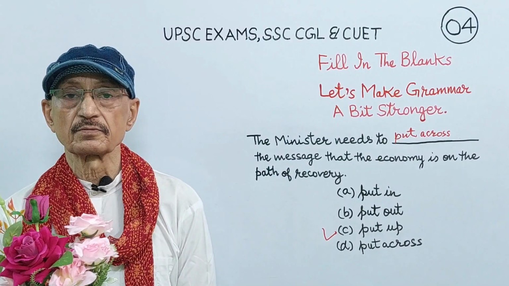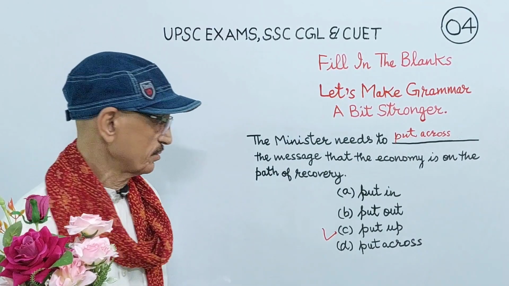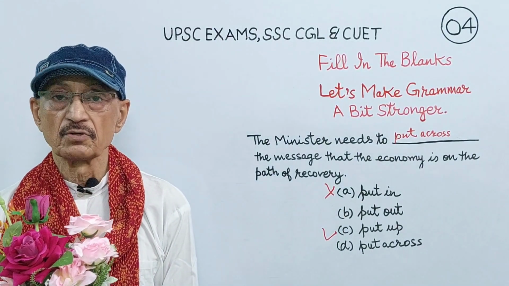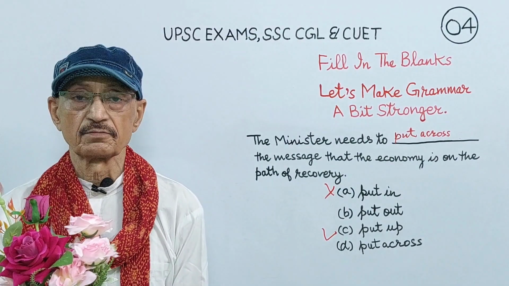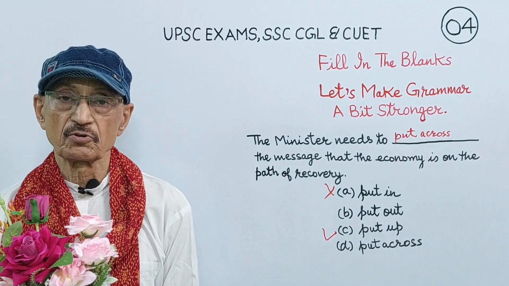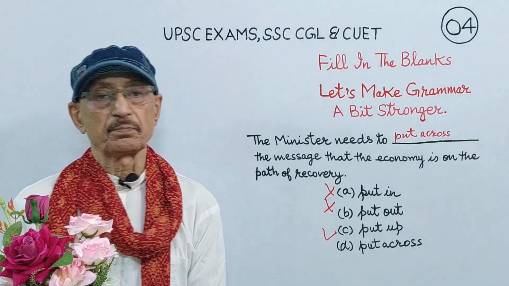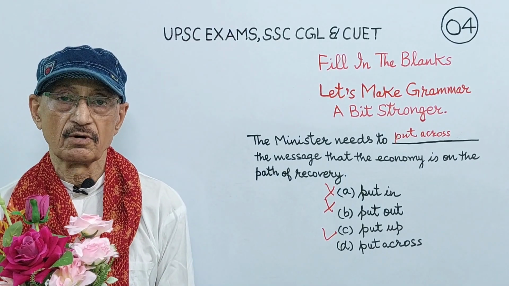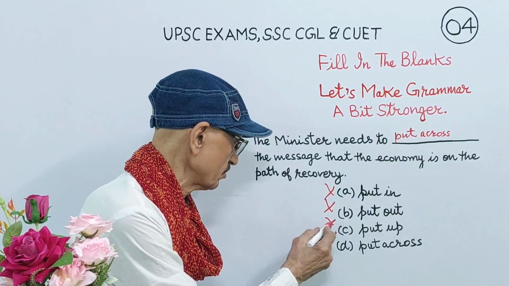Put in means to make an official request. So, put in is wrong. Put out, to extinguish. For example, we say put out these lights. So, put out is also wrong. Put up, to accept something or somebody that is unpleasant. So, this is also wrong.